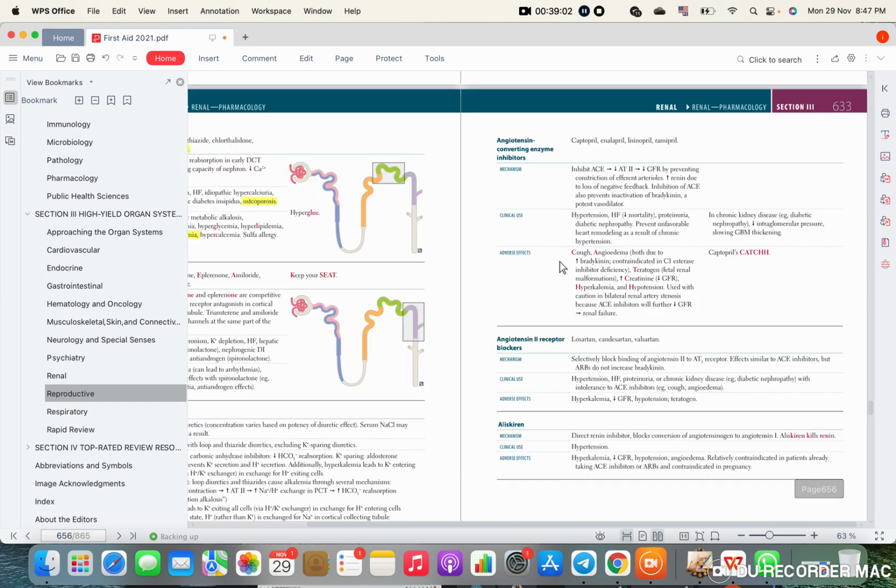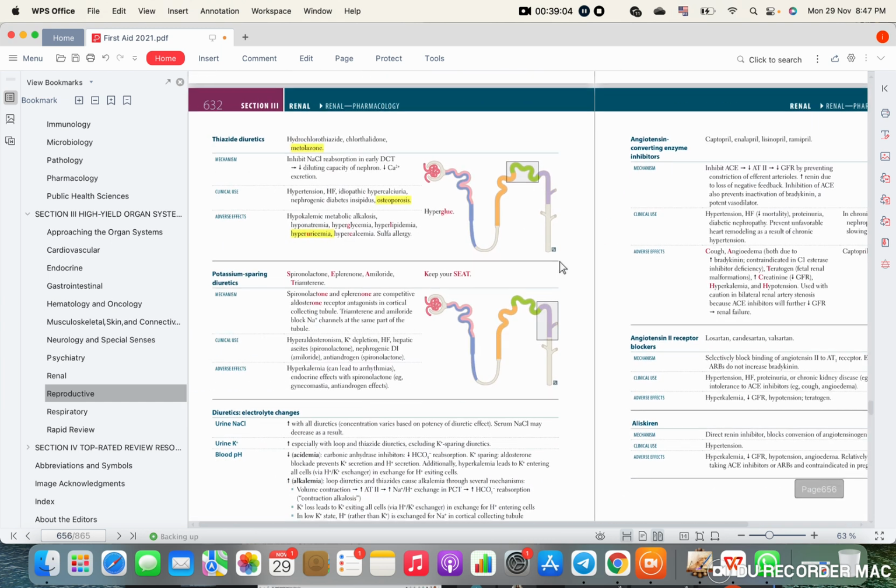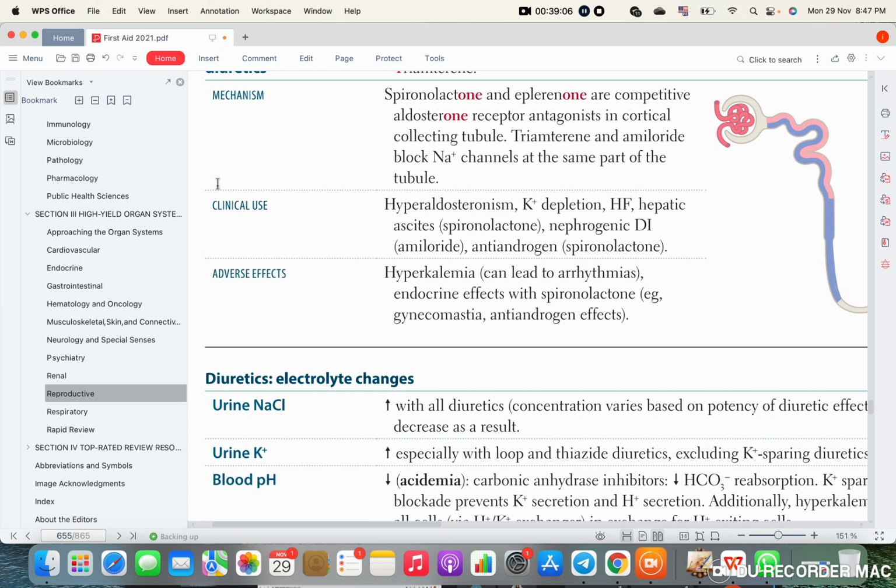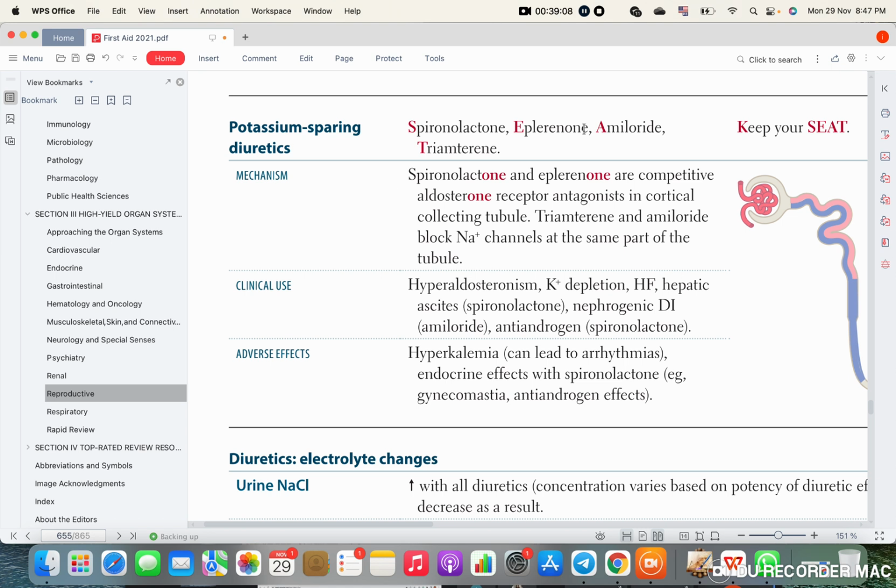So moving downward. Yes. So you can see here, they write spironolactone, eplerenone, amiloride, and triamterene. Mechanism. Spironolactone and eplerenone are competitive aldosterone receptor antagonists in the cortical collecting tubule, while triamterene and amiloride block the sodium channels at the same part of the tubules.